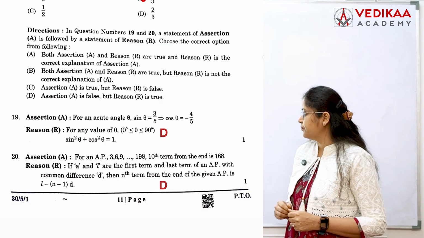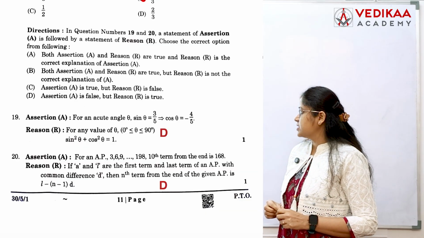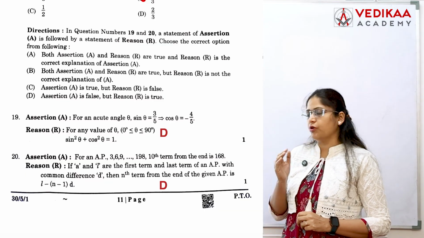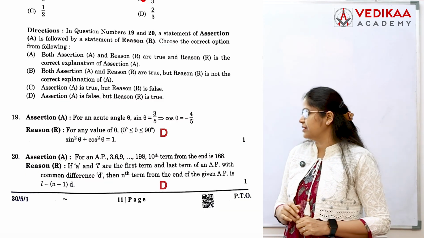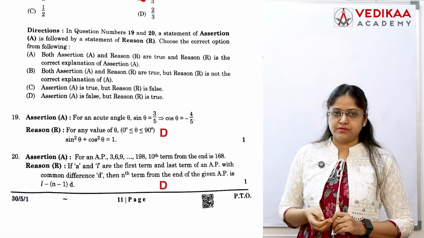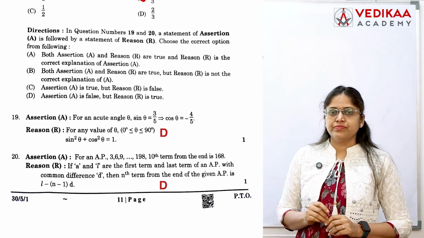Then the next question is from arithmetic progression. One AP is given to you and the 10th term from the end is given as 168. First of all you have to calculate the number of terms, which is coming out to be 66.